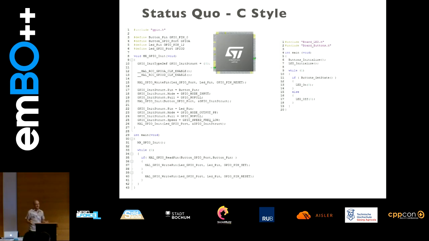Okay, status quo, C style. Many of our customers that work with modeling solutions are working with something like an ST chip, and the ARM controllers are getting so complex you don't want to configure them by hand. You don't want to go through the data sheet and write this whole initialization code by hand.